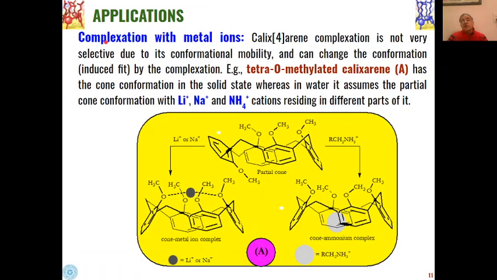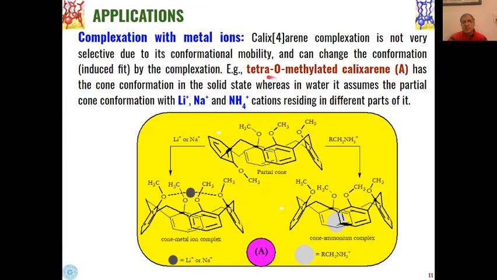And then these calixarenes can also undergo complexation with metal ions. Different types of metal ions, depending upon the selectivity, can be complexed with these types of calixarenes.